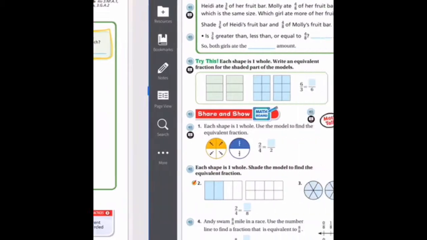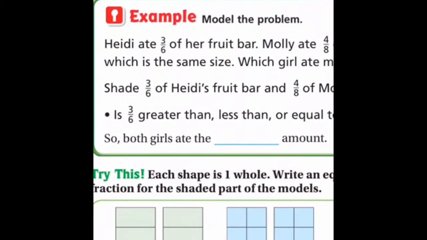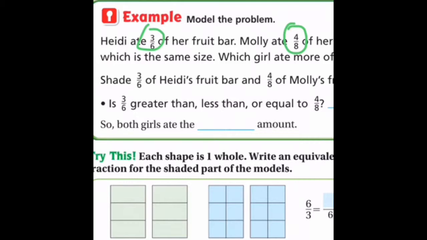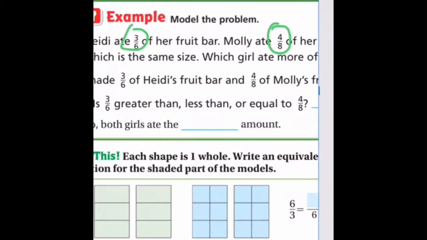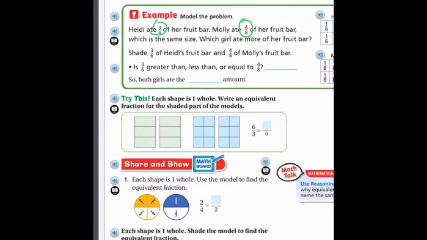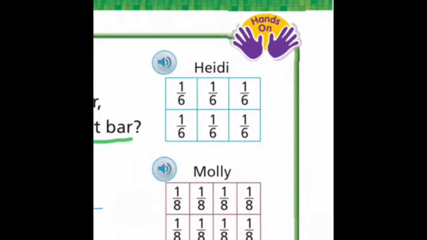Okay, let's go to the next page. Model the problem. This one says Heidi ate 3/6 of her fruit bar. Molly ate 4/8 of her fruit bar, which is the same size. Which girl ate more of her fruit bar? So the first thing we're going to do is shade 3/6 of Heidi's bar. There it is, 3/6.